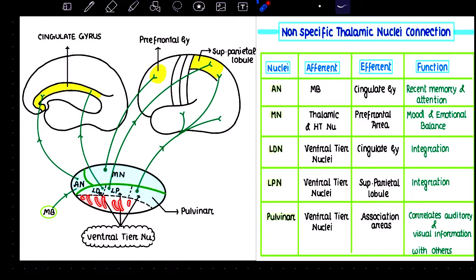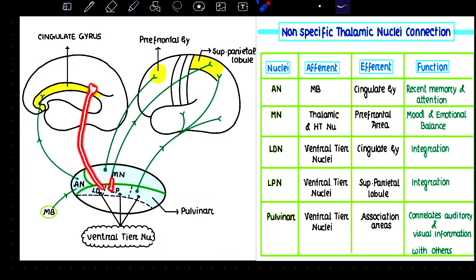What is below them? These are the ventral tier nuclei. So the ventral tier nuclei will provide afferent to these structures. After getting afferent from these structures, they will send it to their destination. For example, the lateral dorsal nucleus will send efferent to the cingulate gyrus.